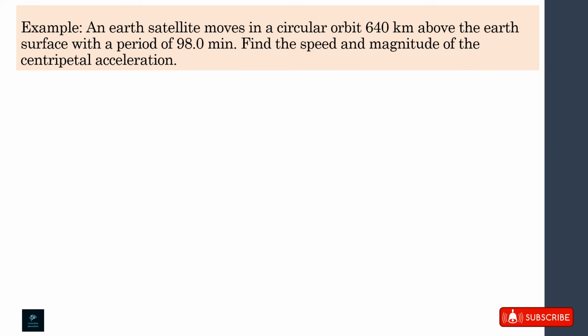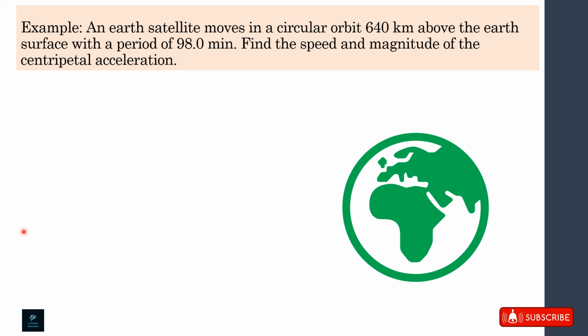For a better understanding, we will take an example. It is given that an Earth satellite moves in a circular orbit 640 kilometers above the Earth's surface with a period of 98 minutes. We are required to find the speed of the satellite and magnitude of the centripetal acceleration of the satellite.